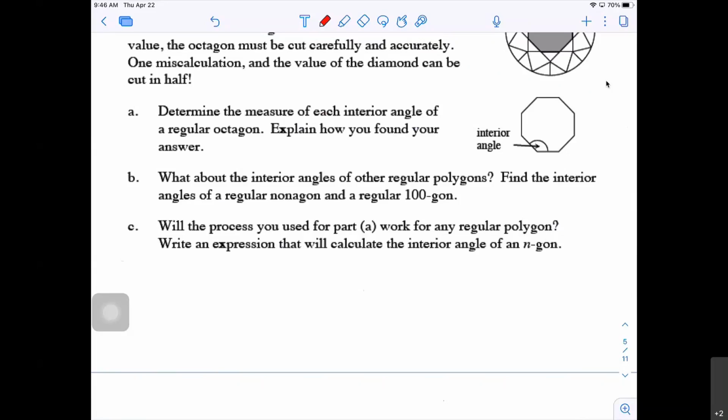Start with the sum. If you're stuck, start with the sum of those 8 angles of your regular octagon, and then try to figure out what you do from there. You can figure this out. I know you can.